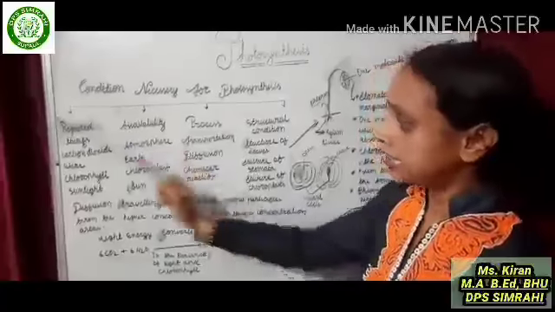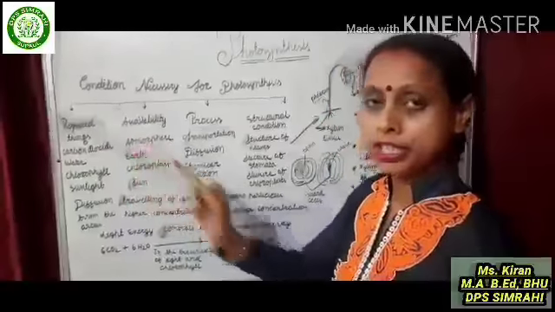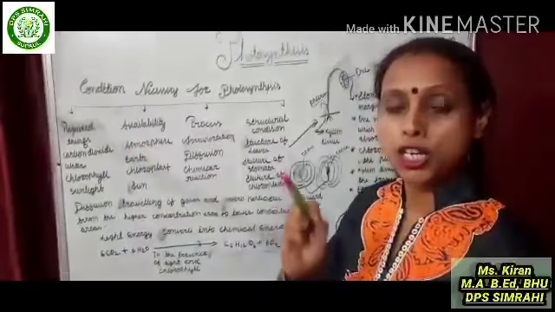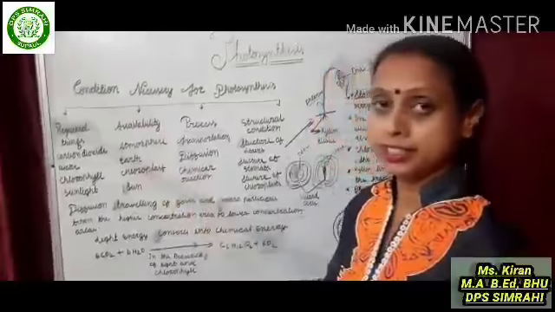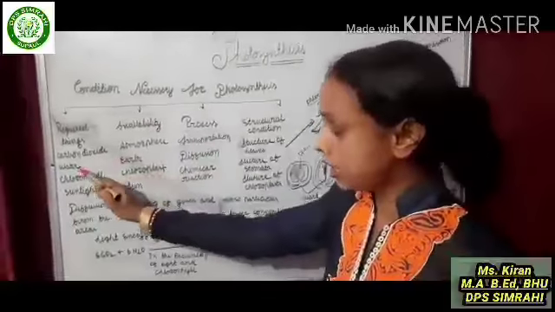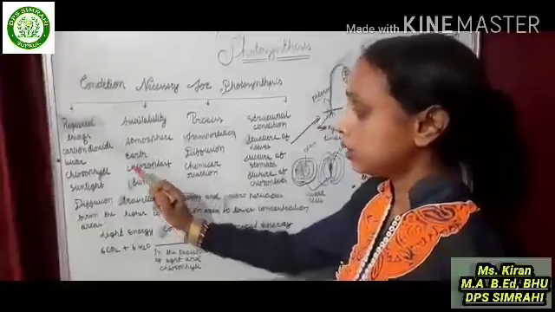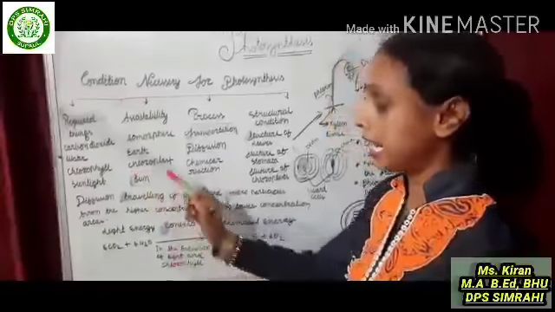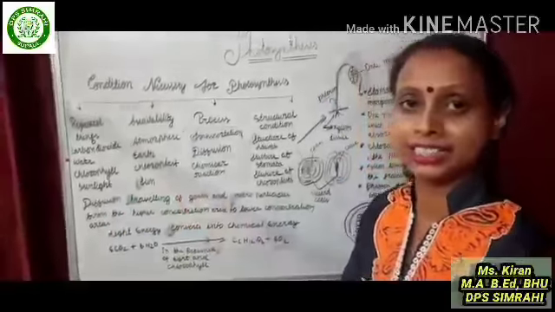They get carbon dioxide from the atmosphere. You know, the atmosphere has 0.03% carbon dioxide. They get water from the earth. They get chlorophyll from the chloroplast and they get sunlight from the sun.